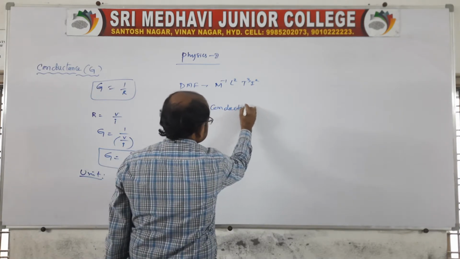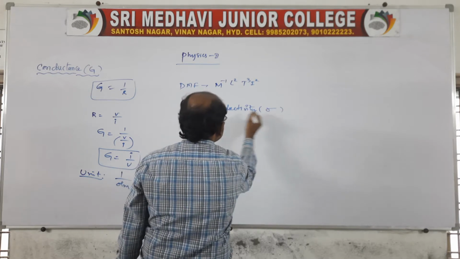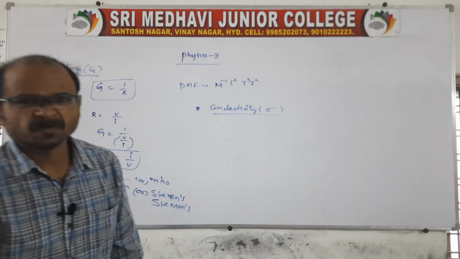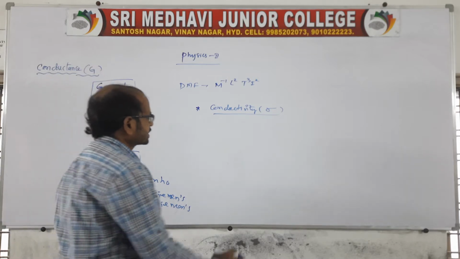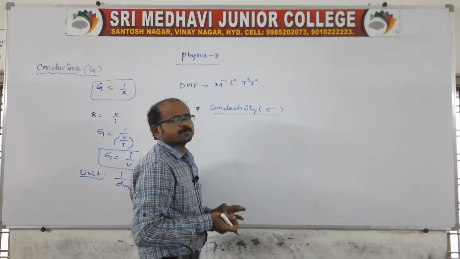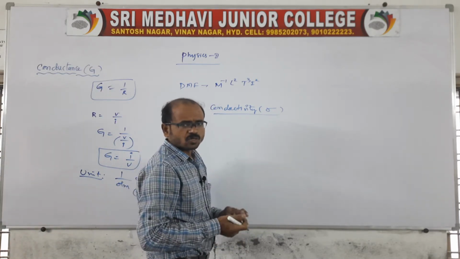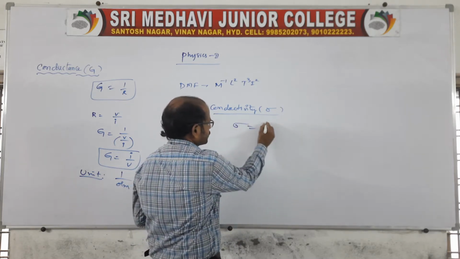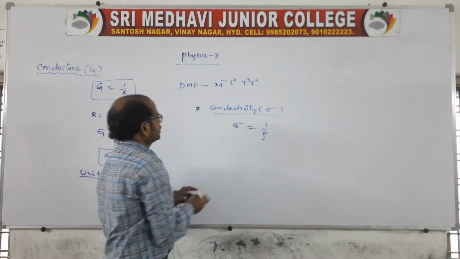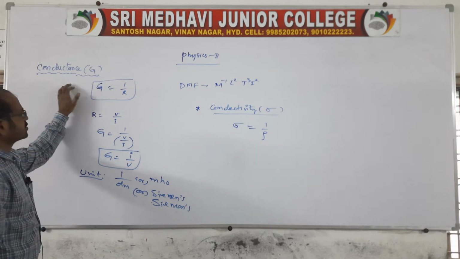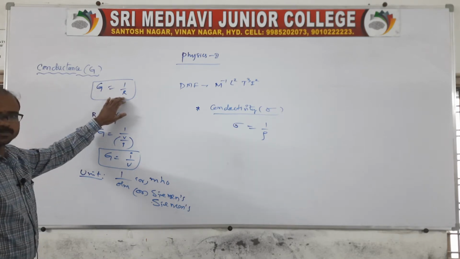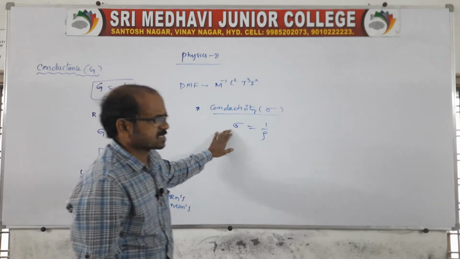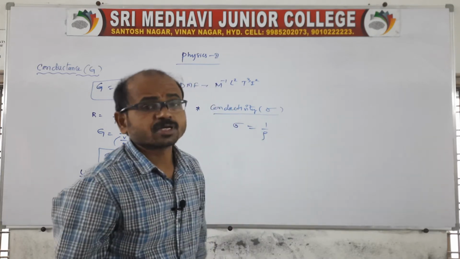There is another quantity, conductivity, which is indicated by sigma. What is conductivity? Conductivity is the opposite of resistivity, or the reciprocal of resistivity. Conductance is the opposite of resistance, the reciprocal of resistance, and conductivity is the reciprocal of resistivity.